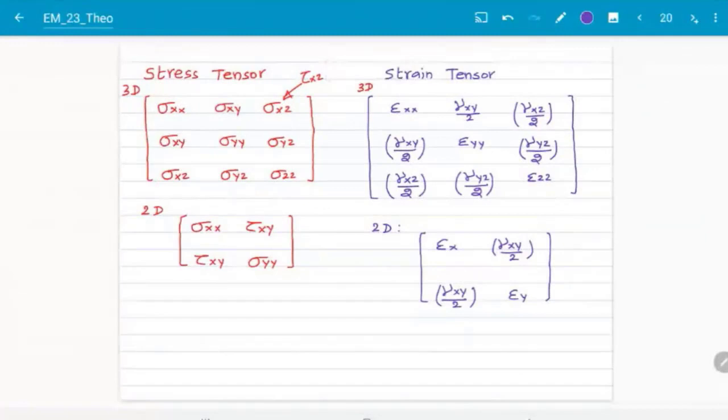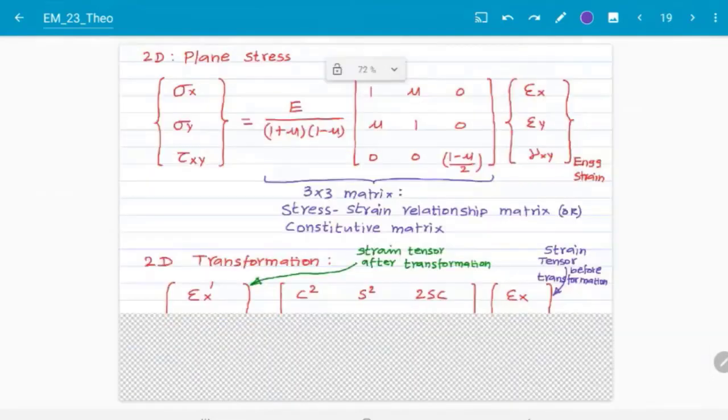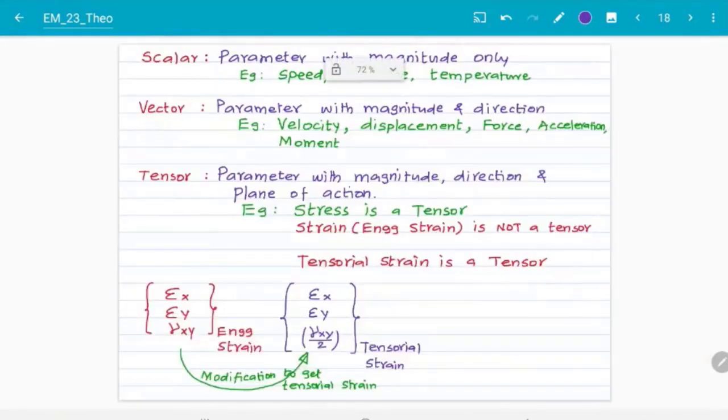So far we discussed tensor information, right? You should be aware of this. Repeating. Stress is a tensor. Strain is not a tensor. Strain by default is understood as engineering strain.